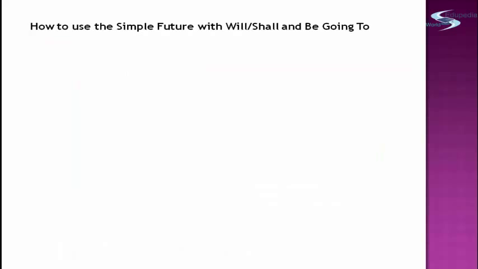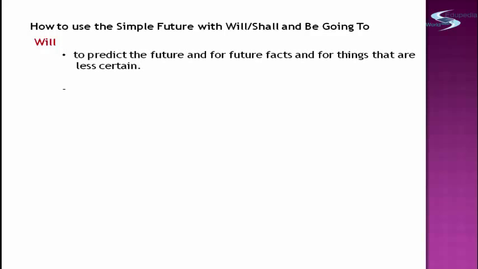How to use the simple future with will, shall, and be going to. Let's take up first will, okay? Will is used to predict the future and for future facts and for things that are less certain.